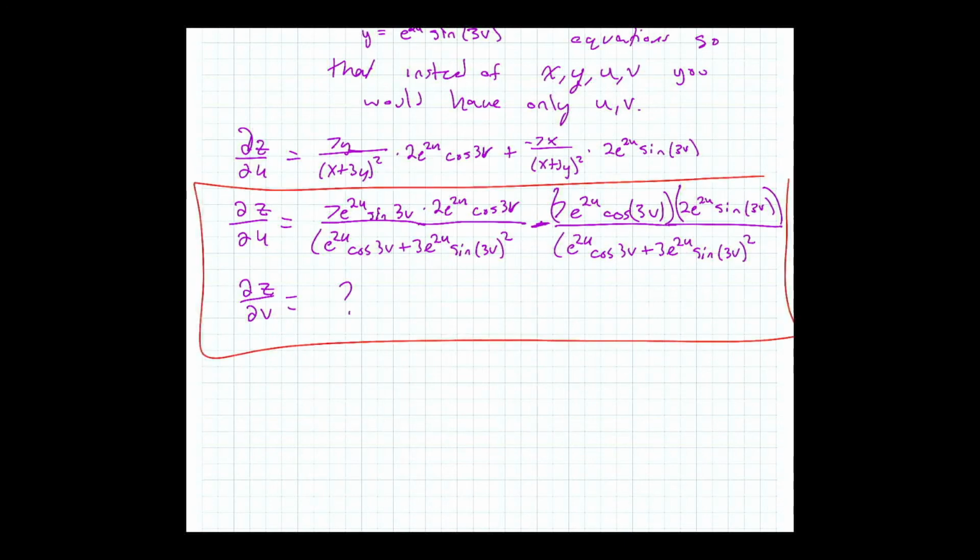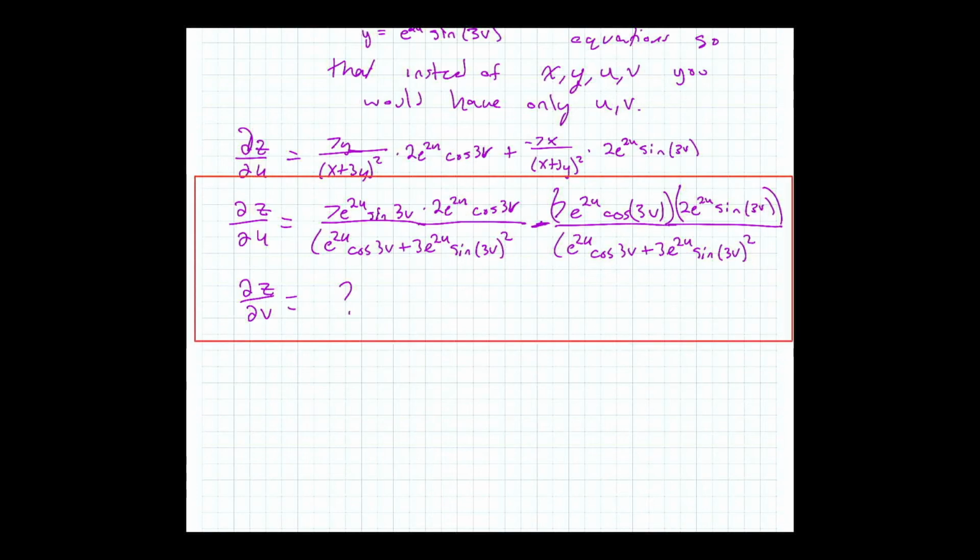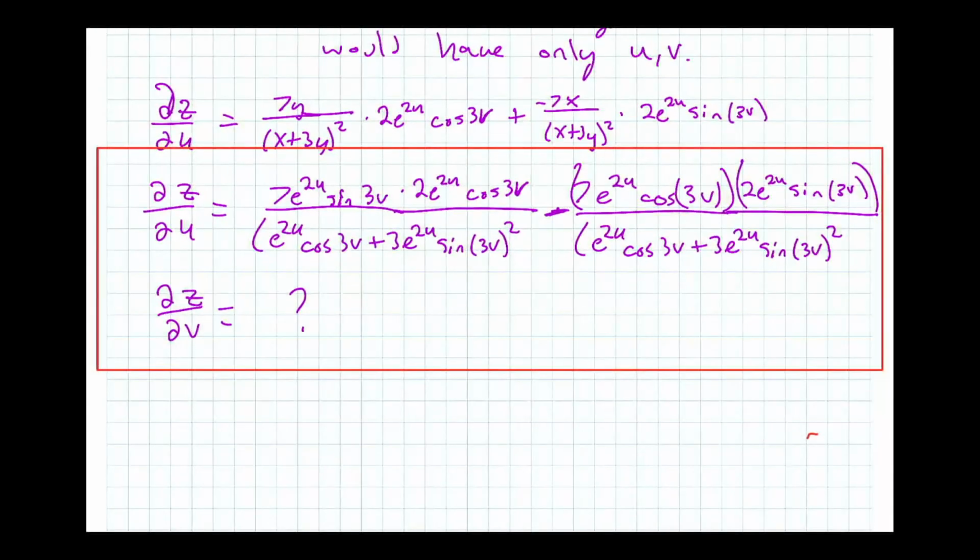I'm not going to do the other partial because it's going to be too long. So you can do that and make everything in terms of u and v, but it's kind of like, well, do I have to, right? Are they making me do it? I don't know.